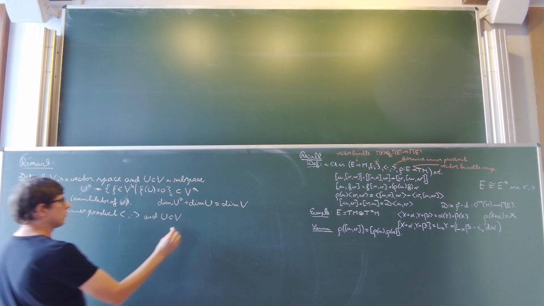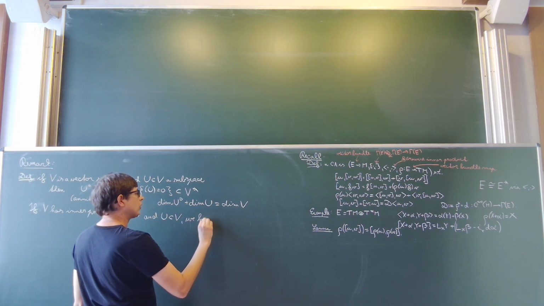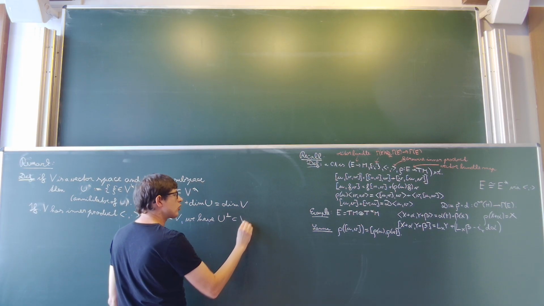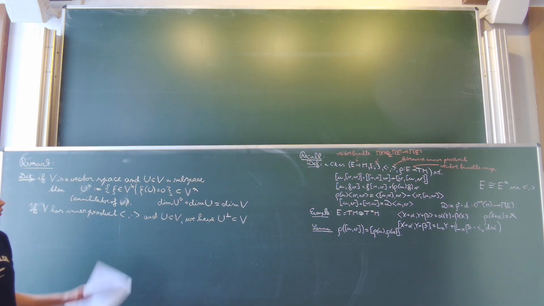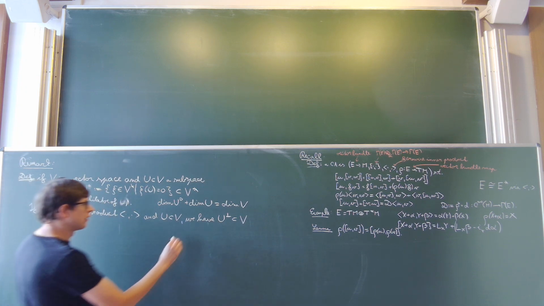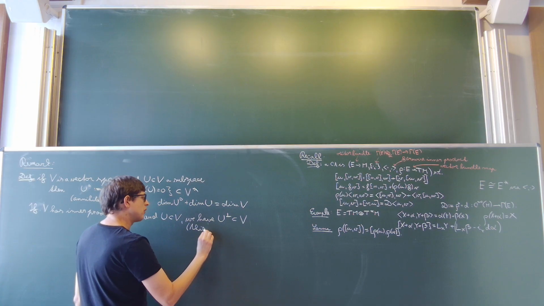So we have the orthogonal complement, which is a subspace of the original space. That's the difference with respect to the annihilator. This also has complementary dimension.